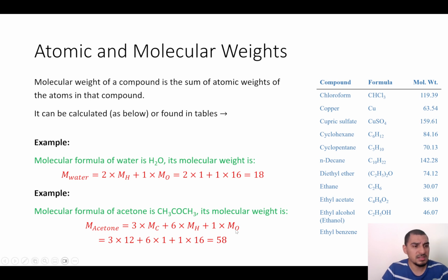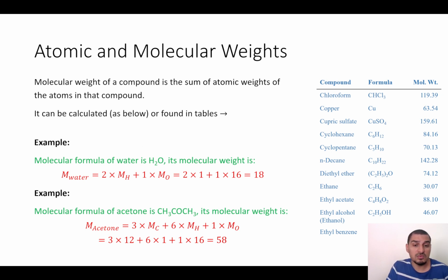So as you see, it's just addition and multiplication, so there is nothing difficult in there to calculate the molecular weight. So in case you have any molecule, whether you get the molecular weight by finding it in tables or by calculating it yourself, it's going to be easy to find it.